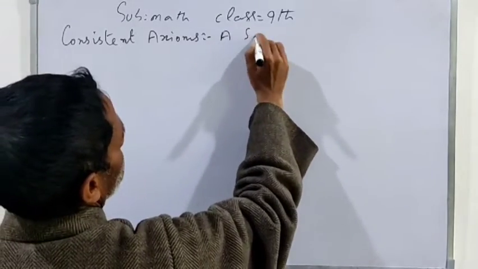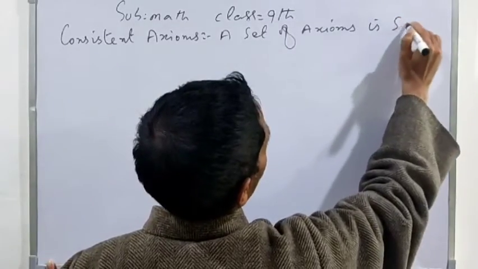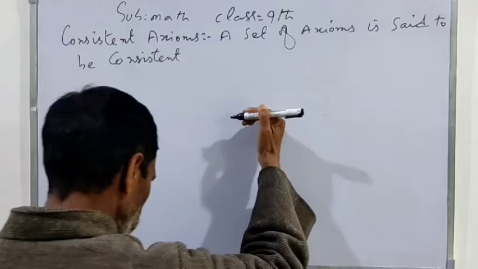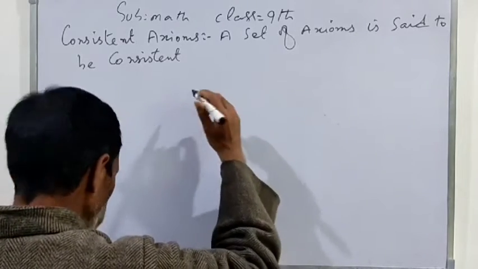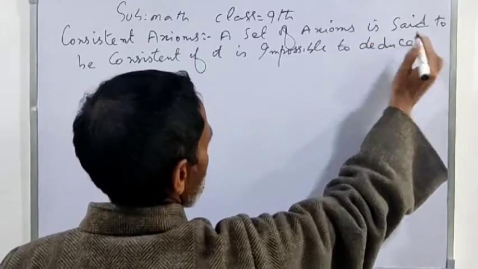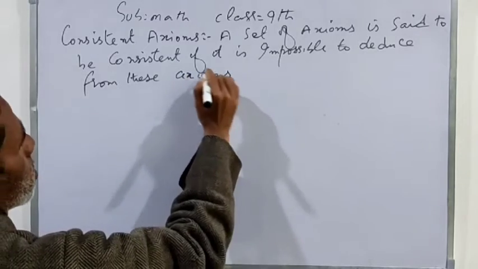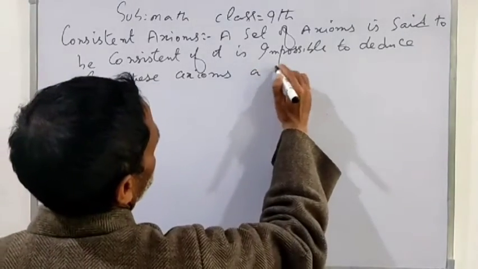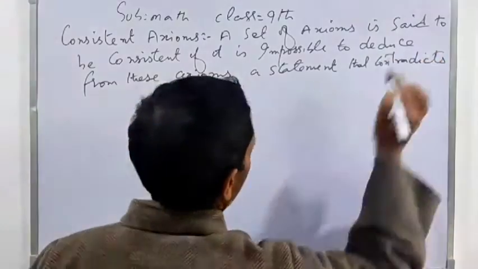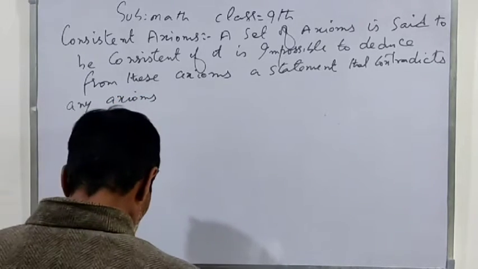A set of axioms is said to be consistent if it is impossible to deduce, from these axioms, a statement that contradicts any axiom or previously proved statement. This should be remembered also.